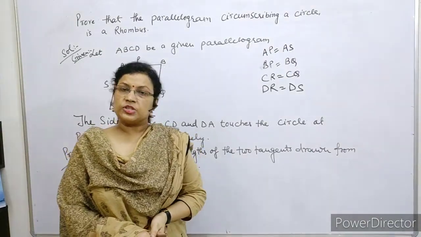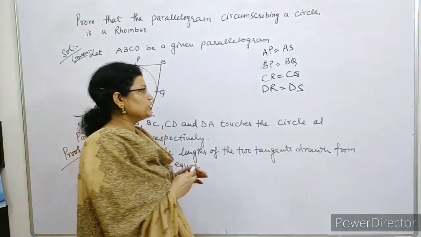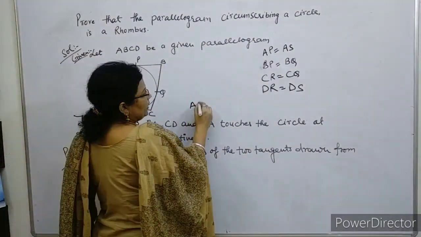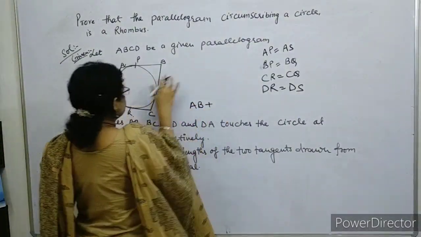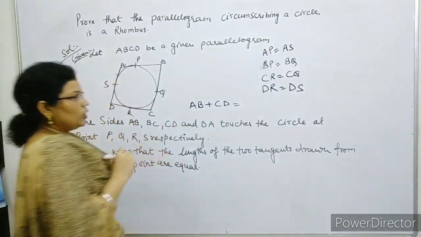So now we will check how we are going to solve with the help of this information. We can first add AB plus CD, these opposite sides.